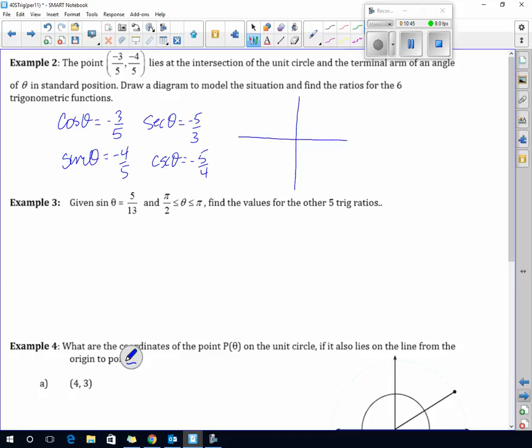But it does say to draw a diagram to model this situation. Which quadrant should I be drawing this in? The third. Okay. So here's my unit circle, and there's my reference triangle. And this point is what they're giving you, negative 3/5, comma, negative 4/5.